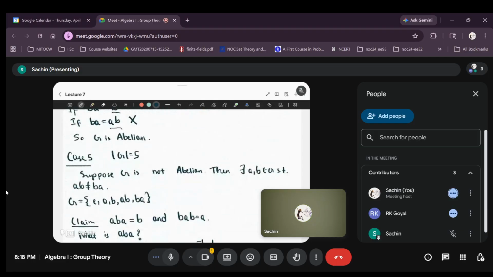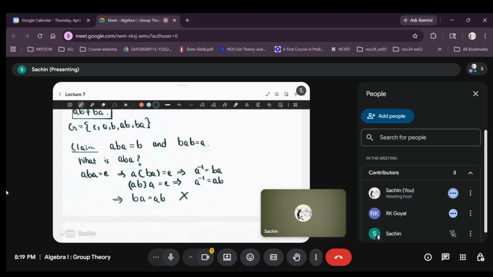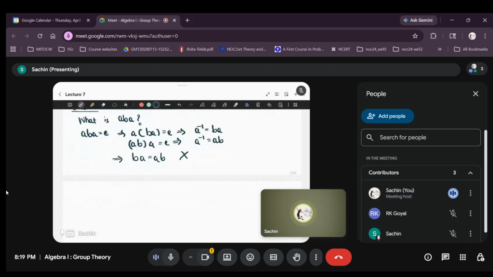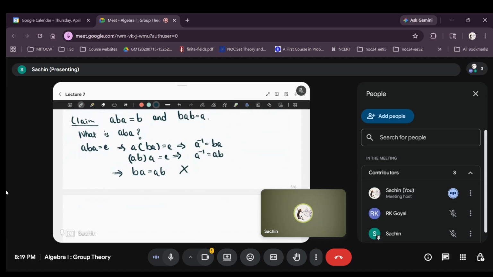So BA must be equal to AB, which is not possible because we have assumed that AB is not equal to BA here. So ABA cannot be equal to E. Similarly, if ABA is equal to A, then AB is equal to E. That should mean that AB is equal to BA because A and B are inverses of each other, and that is also not possible.